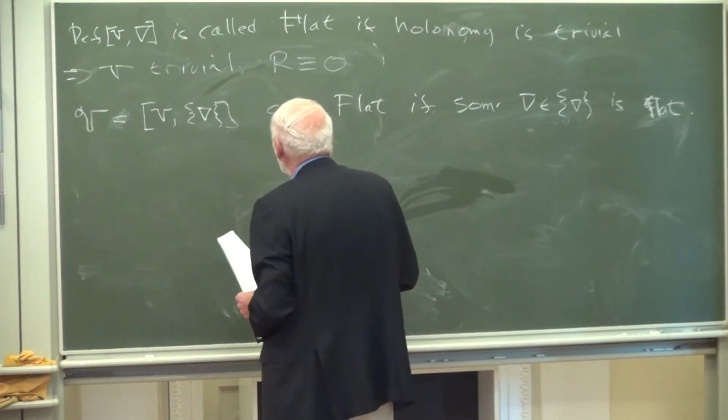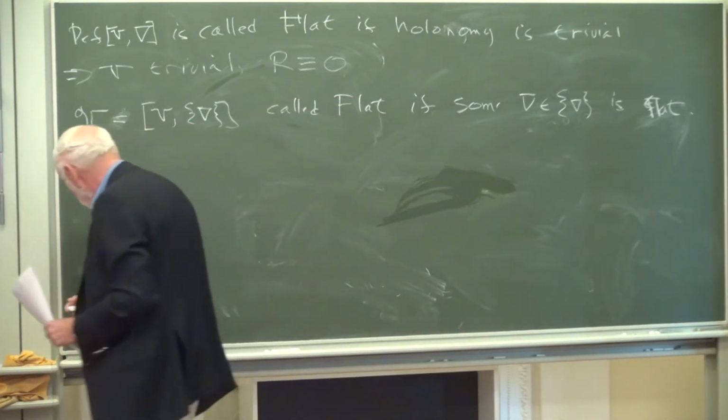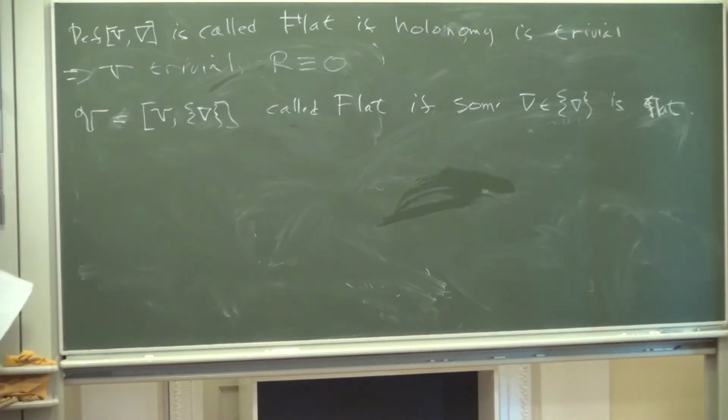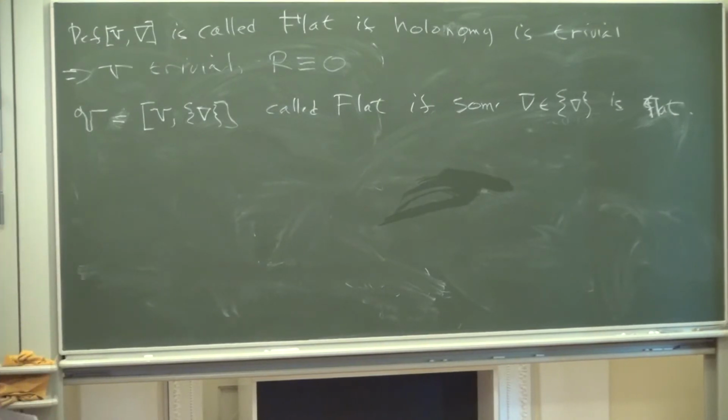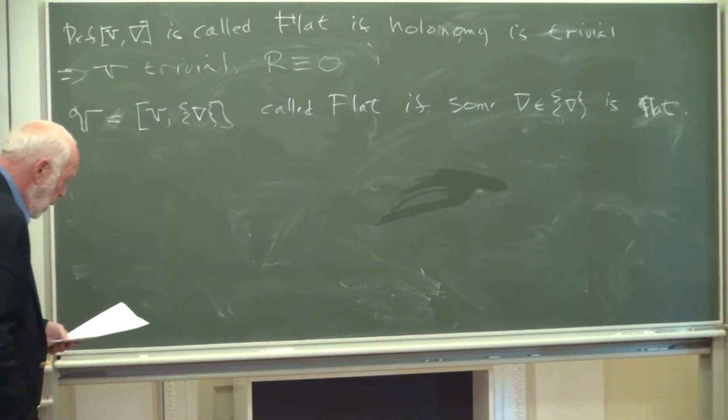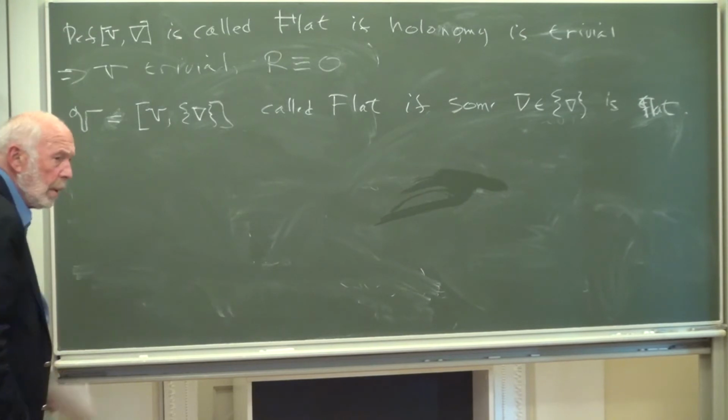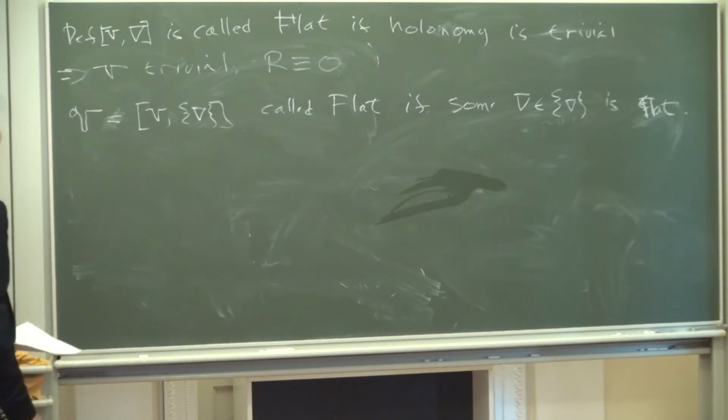A bundle is one that can be given with an isomorphism to the trivial bundle. That's different from saying a bundle is trivial, which means it is the trivial bundle. It's an abstract bundle, isomorphic. So flat bundles are these abstract bundles with a given isomorphism to the trivial bundle. Okay, because he's building a set out of this collection of objects.